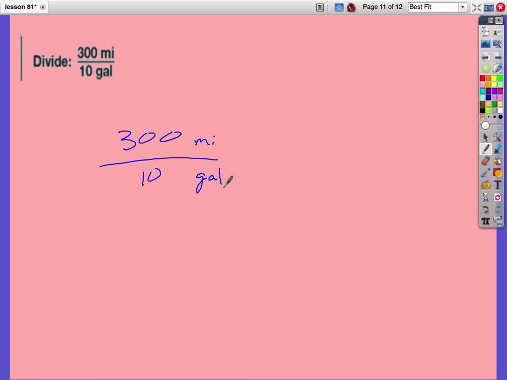Okay? So let's look at our numbers. I know 10 goes into 300 30 times. Okay? 10 goes into 10 one time. Now I have miles and gallons as my unit. Notice that all I have here is 30 for my number. Now miles and gallons, two different units. Okay, miles is distance, gallons is amount, right?